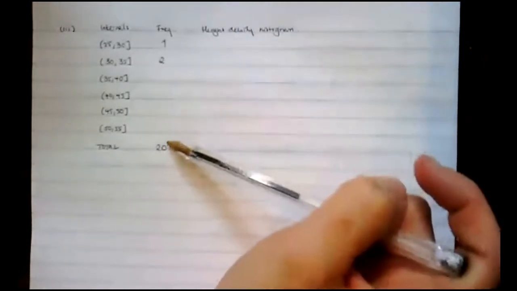So again, if I fill out all of these, I'm going to have 20 altogether. When I draw my histogram, I want the area under the bars to be equal to 1. And I know that the width of each of these bars is 5. So I'm going to end up with 20 times 5. If I just go up 1 for each of the data points, I'm going to end up with 20 times 5 under the histogram in general, which is quite a lot more than what I need.